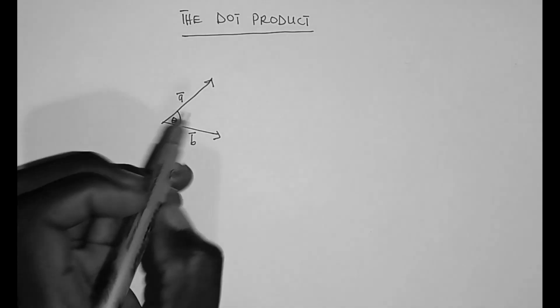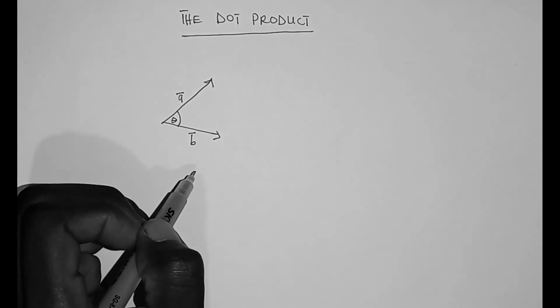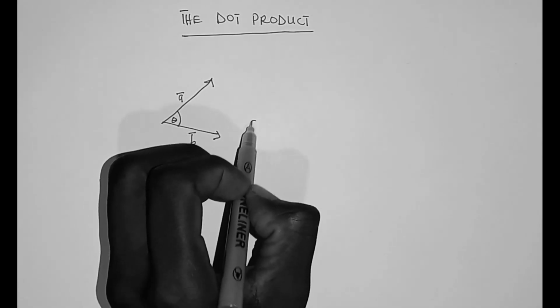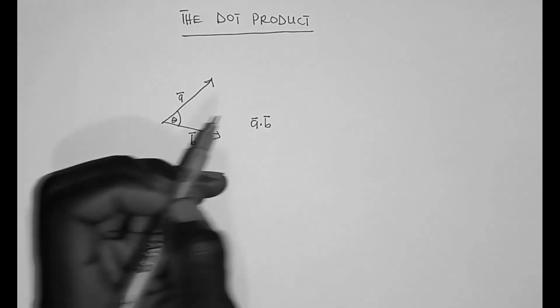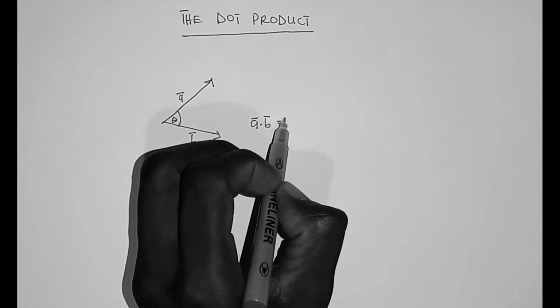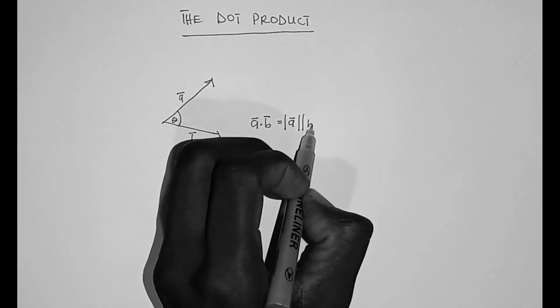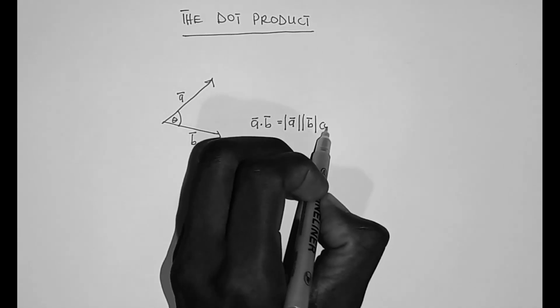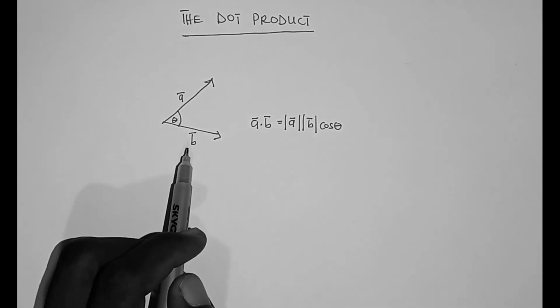Then the formula for finding the dot product of A and B is A dot B, which is vector A dot vector B, is equal to magnitude of vector A times the magnitude of vector B cos the angle between vector A and vector B.